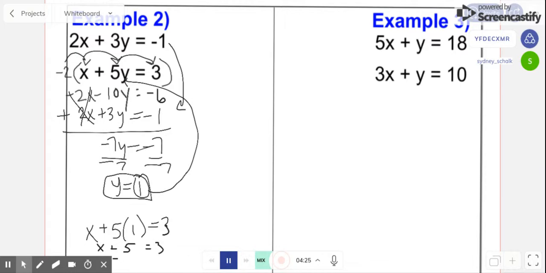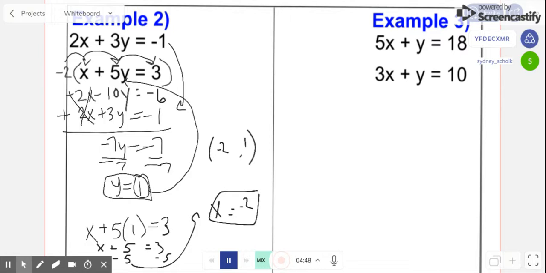Subtract 5 from both sides, and I get x equals negative 2. Now I can write my solution as an ordered pair: (-2, 1).